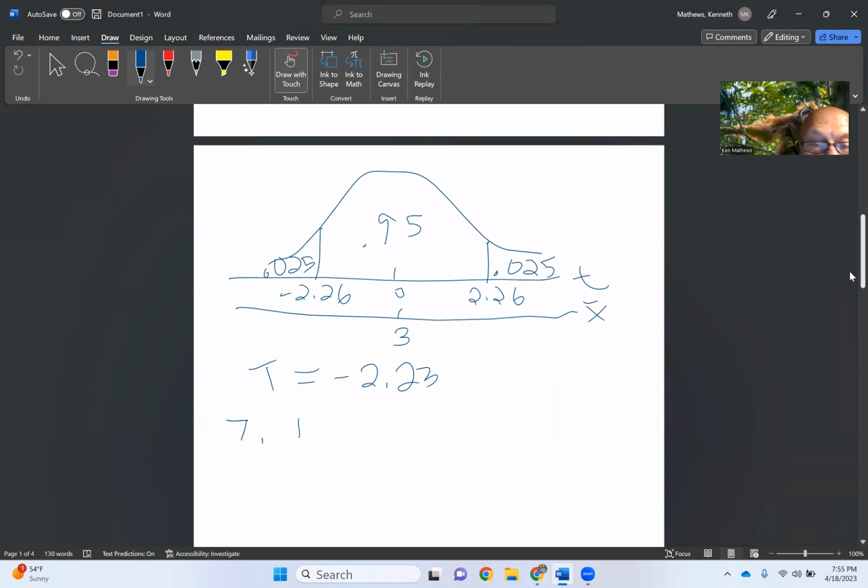Okay, so we're going to reject the null hypothesis if T is less than negative 2.26 or T is greater than positive 2.26.